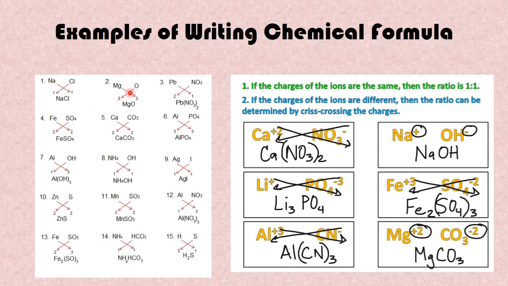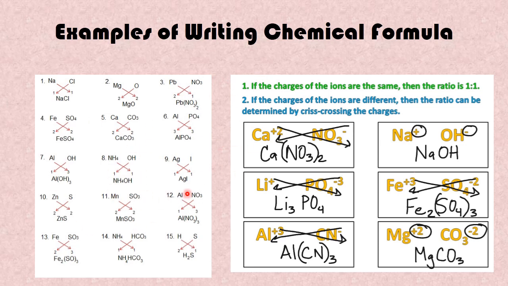Just like you have magnesium oxide here, they both have 2 plus and 2 minus charges, or their combining power is 2 and 2. So there's no need for us to put magnesium subscript 2 and oxygen subscript 2 here. Because they have the same ratio, we just leave them like that without writing the 2 or 1 1. And it goes on and on for the various examples that you have here.